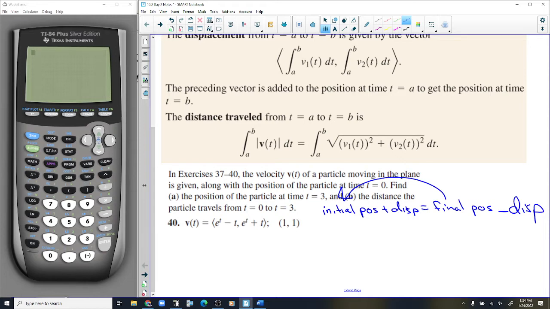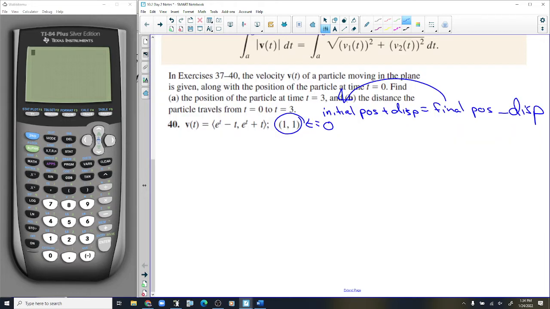All right, well, this is the position when t equals 0. We're going to go forward today. So it says, A, find the position at time t equals 3.